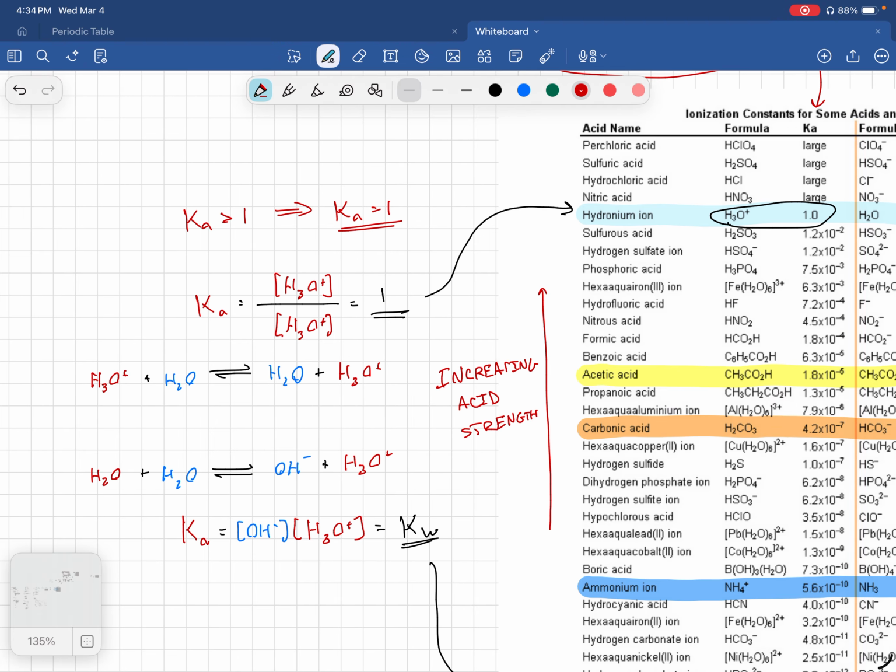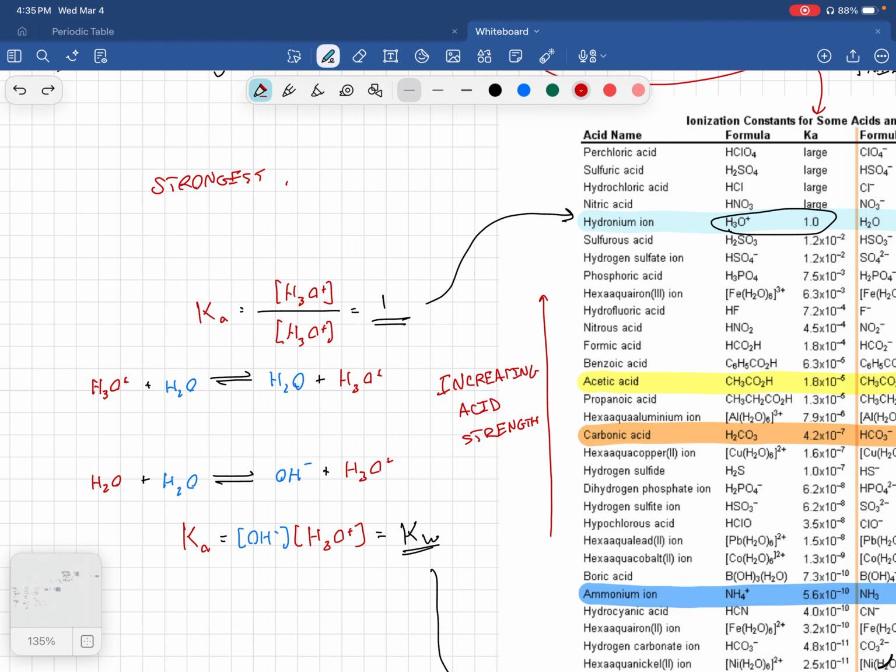I mean, it can go over, but we're trying to measure in water, and the strongest acid in water is hydronium.